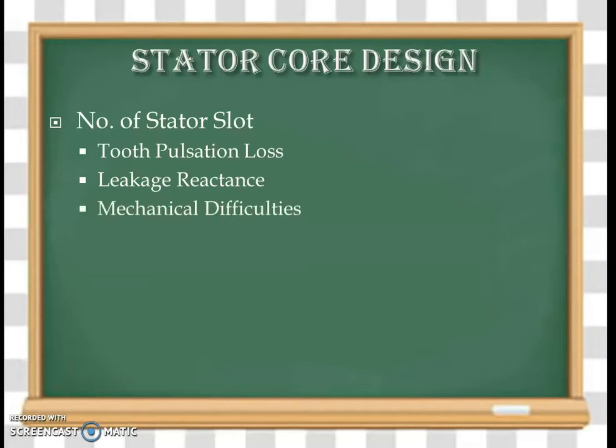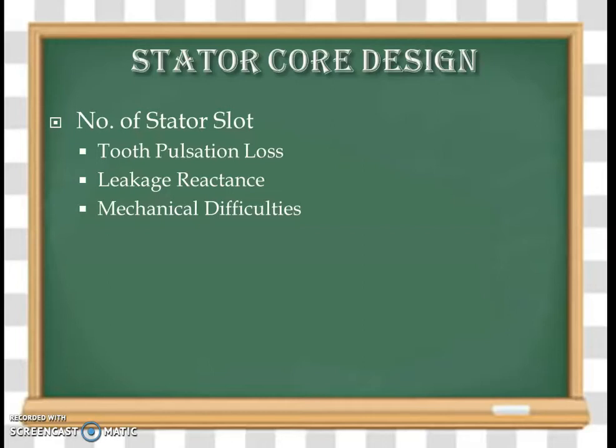Our third factor is mechanical difficulties. Large number of slots will give smaller slot pitch, and if tooth width is half of the slot pitch, it will result in a weak mechanical structure. It requires certain supports during lamination, and it becomes an obstacle in our ventilation system.